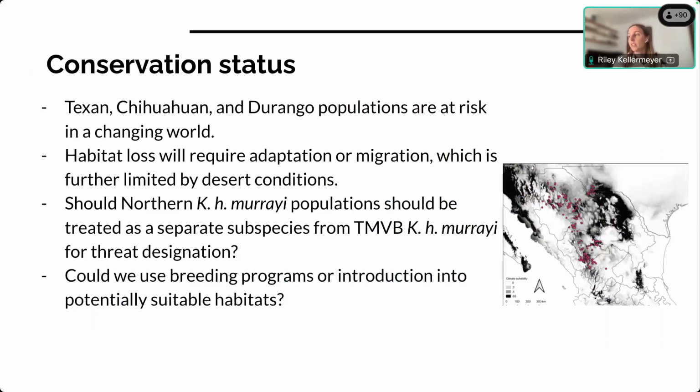And the difficulty of these turtles trying to adapt to this changing world is that they are aquatic, and so they rely on water in order to be able to migrate to better locations or survive long enough to adapt.